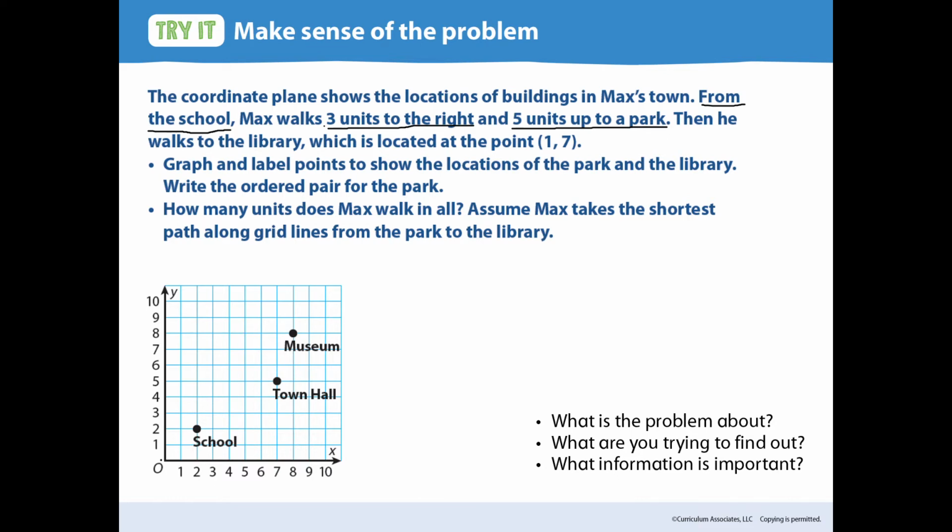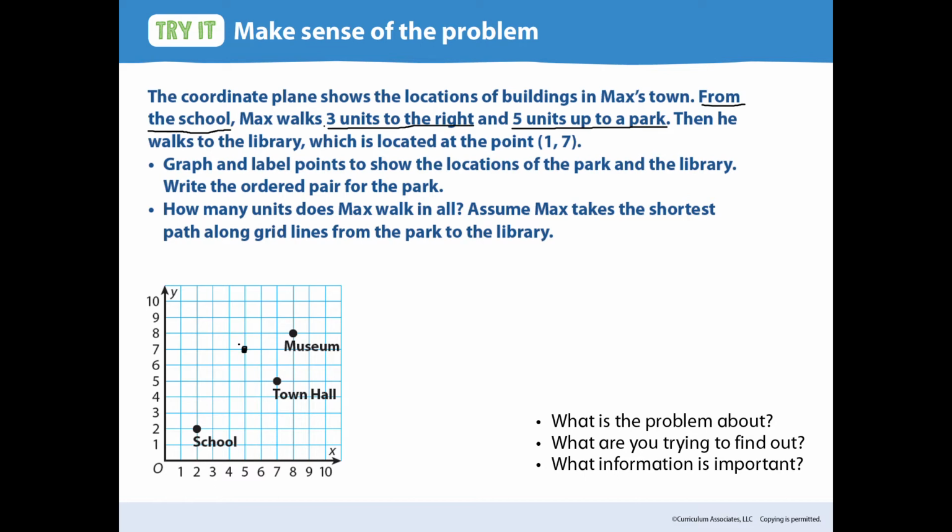So we're not starting at the origin, it tells us from the school. So we're starting right here at the school, and then we go 3 units to the right, 1, 2, 3, and then 5 units up, 1, 2, 3, 4, 5.